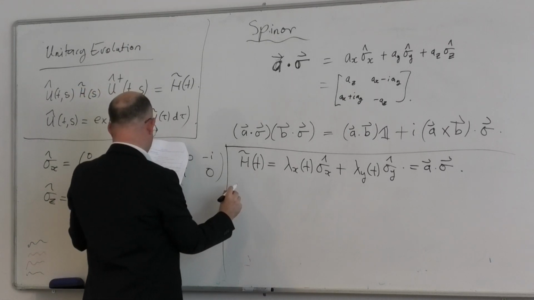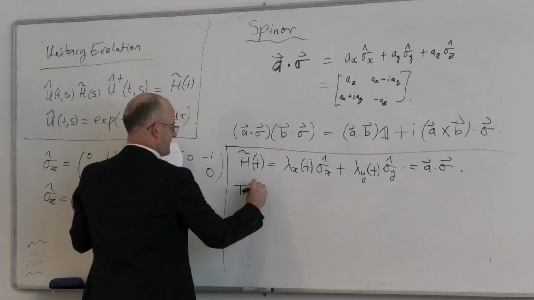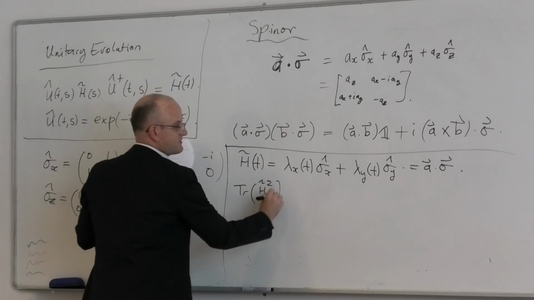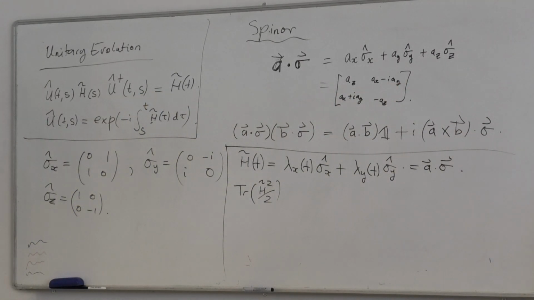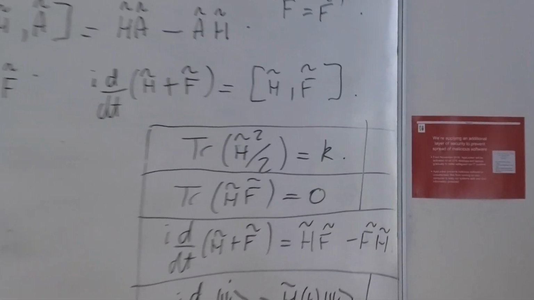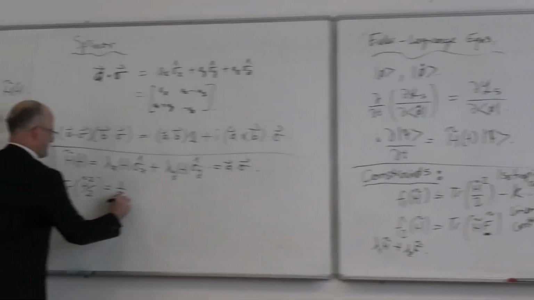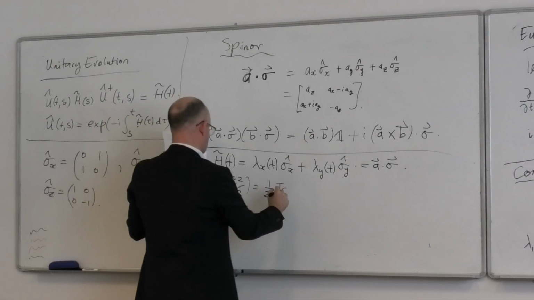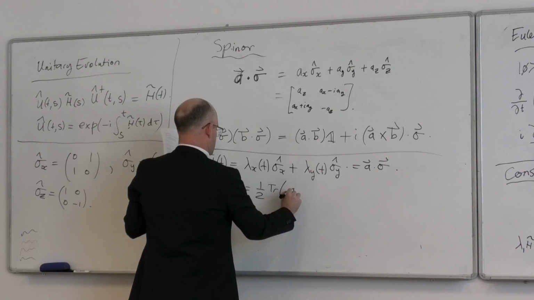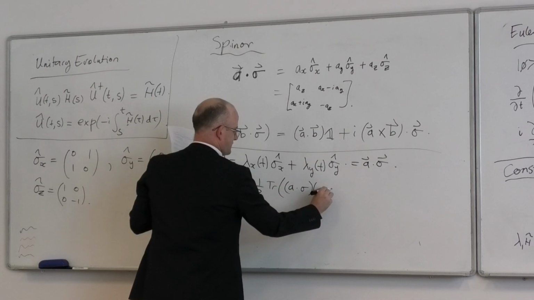So trace of h squared on 2, so this equation here, well, this will be equal to 1/2 trace of A dot sigma, A dot sigma.